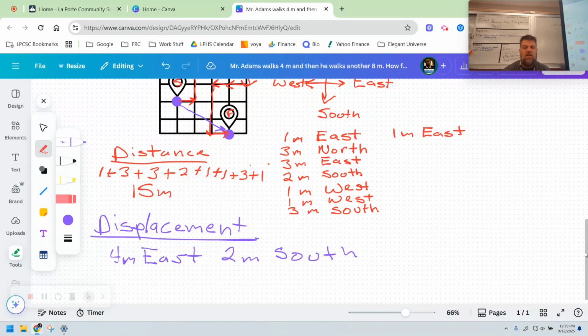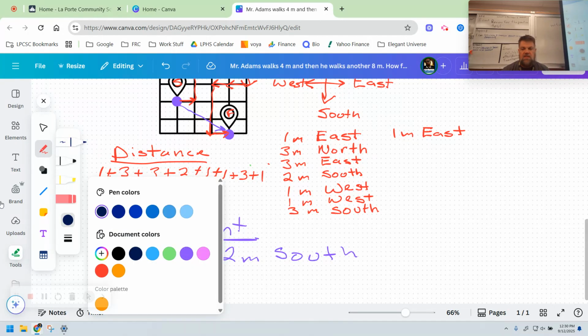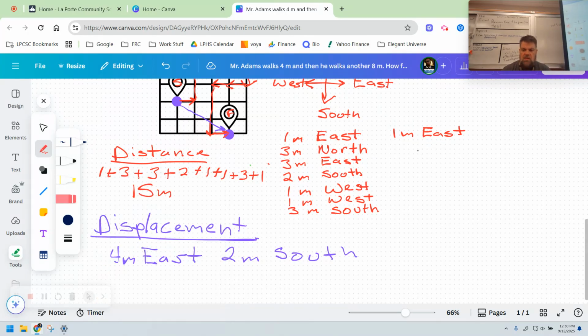Now here's an interesting thing that you're not aware of. I can actually do all the math by making a positive and negative number. If I do south versus north, going north would be positive and going south would be negative.